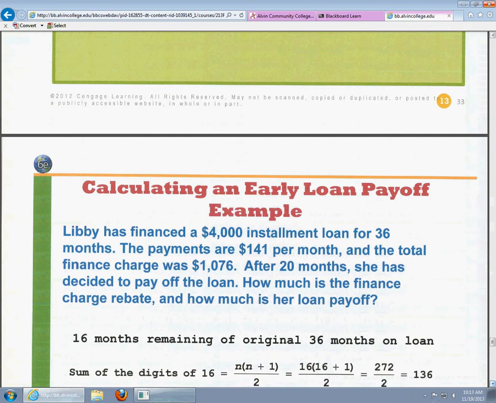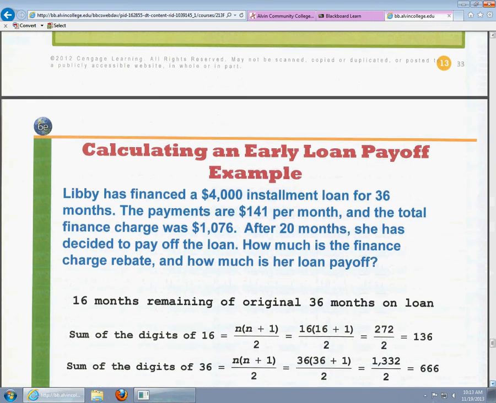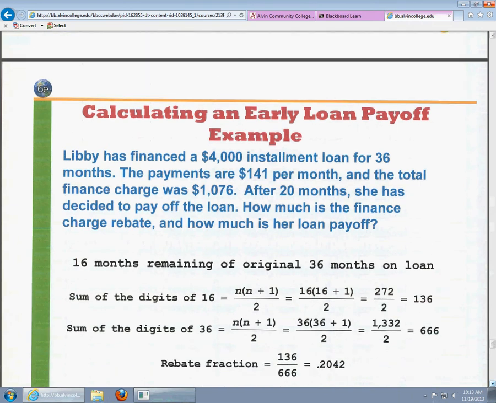Now that we have those two numbers, we can complete step 1, which is finding the rebate fraction. It's the sum of the digits of the 16 months, which is 136, divided by the sum of the digits of the total 36 months, which is 666, and that equals 0.2042.